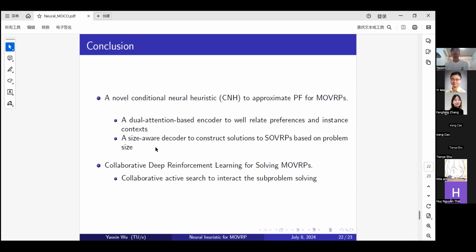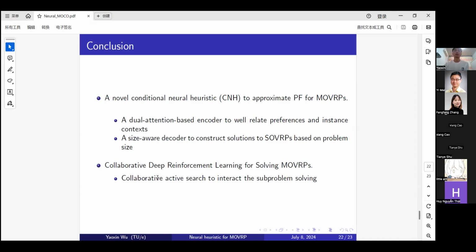And then we add the size-aware embedding module in the decoder, to let the neural network be aware of the problem size. And then we can train one unified neural network to solve a group of problem sizes.